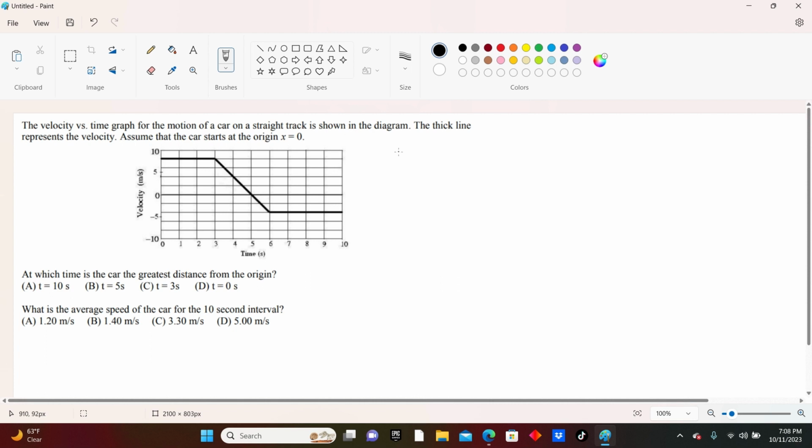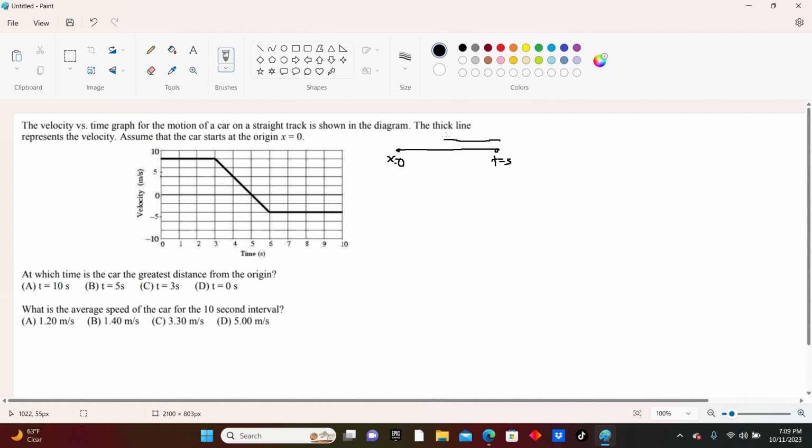If I illustrate this question, let's say this is our starting point, x equals 0, and we have a positive velocity going from t equals 0 to t equals 5, so that would be in this direction, and t equals 5 is here. However, from t equals 5 to t equals 10, our velocity is negative. That means it's going to switch its direction and start traveling the other way.